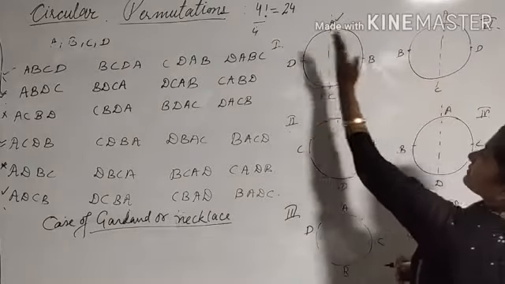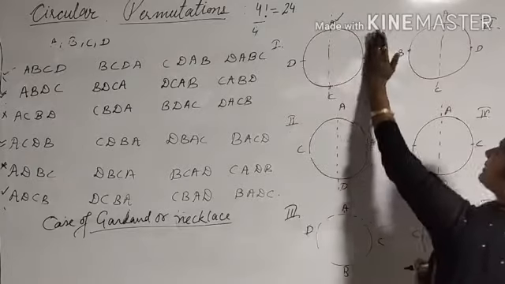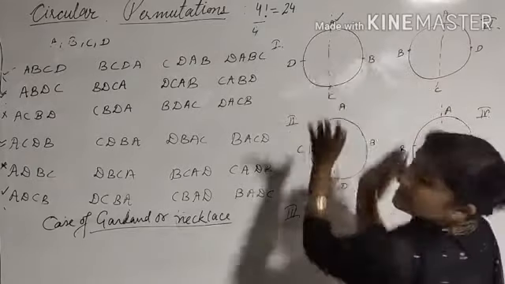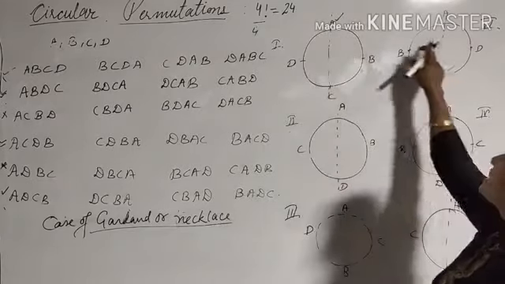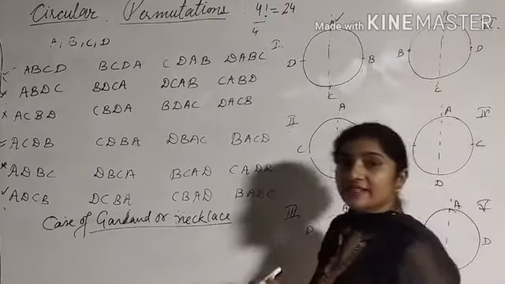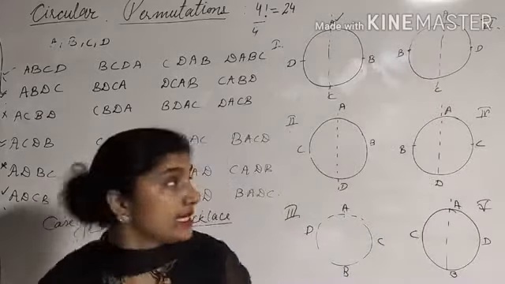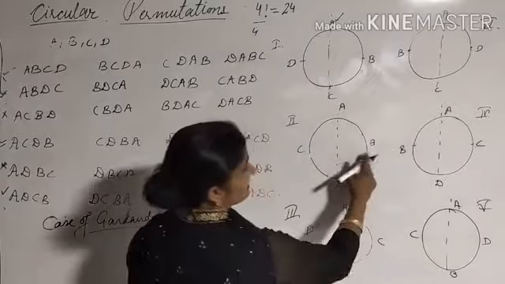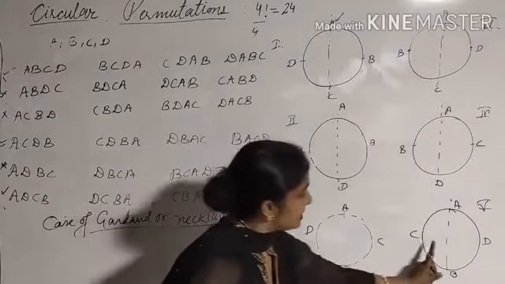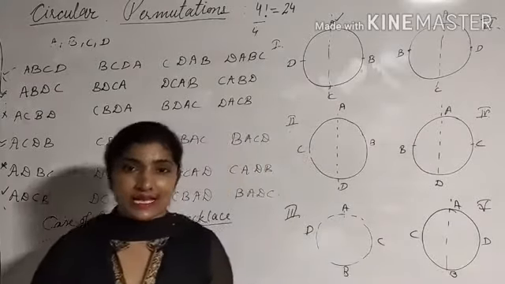Okay, B will come at this position and D will come at this position if you flip the same necklace. That means these two arrangements give the same necklace. Similarly, these two arrangements give the same necklace, and similarly these two arrangements give the same necklace.